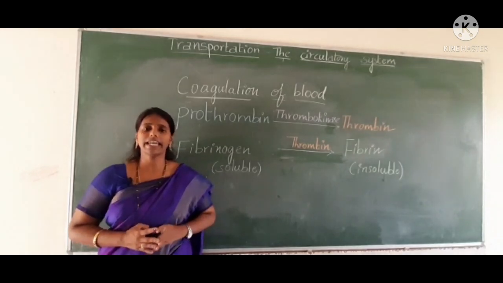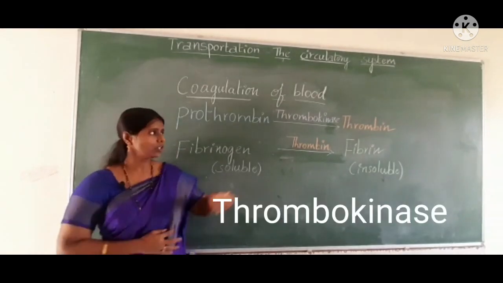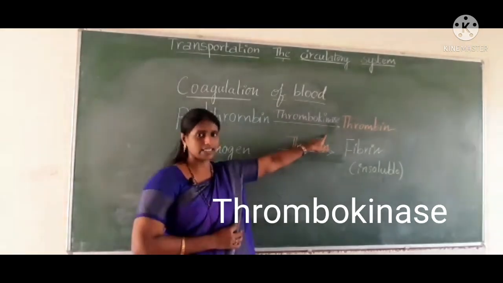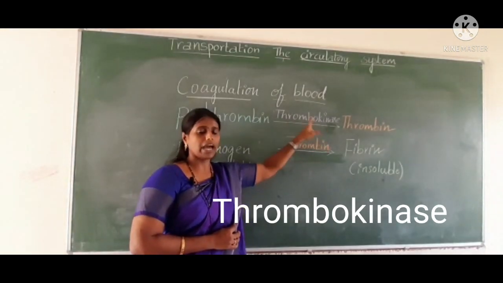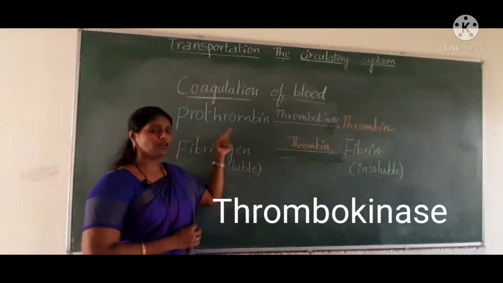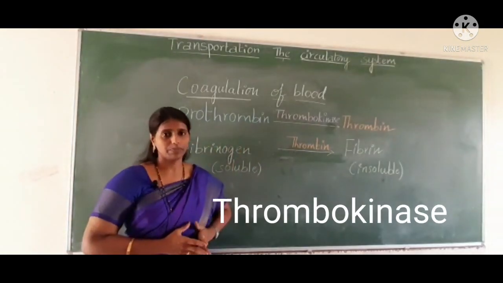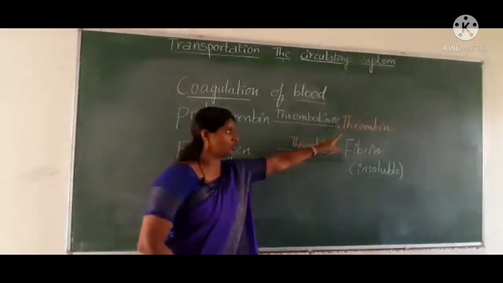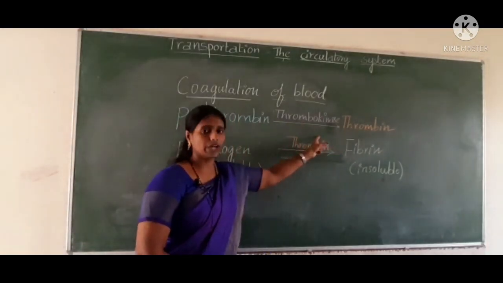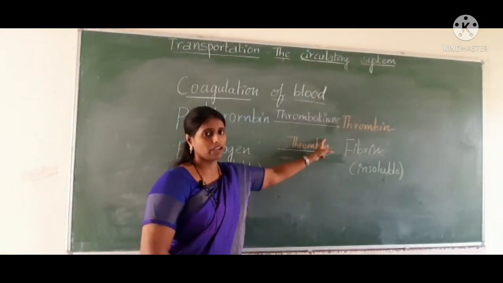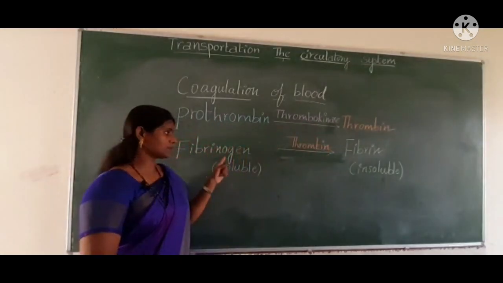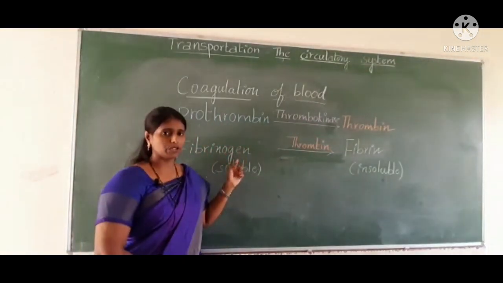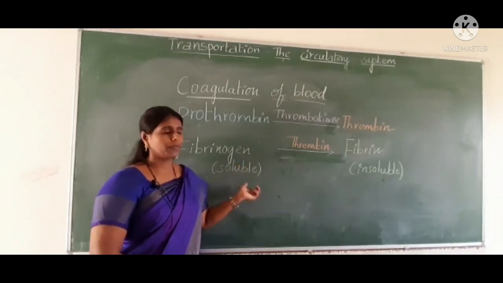They release an enzyme called thrombokinase. This enzyme acts on the prothrombin present in the blood. This prothrombin is converted into thrombin by the thrombokinase enzyme. There is another substance called fibrinogen, which is in soluble form.